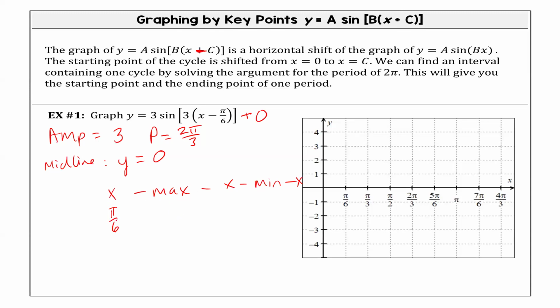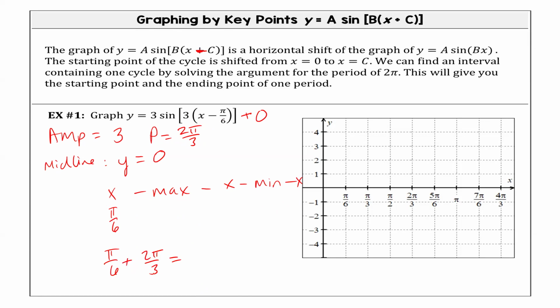So pi over 6 to 2 pi over 3 is where my last point has to stop. Does that make sense? So to figure out where I end, I'm going to have to do pi over 6 plus 2 pi over 3. How do I math that? My period is 2 pi over 3, so I know where I start. But to figure out where I'm ending, I have to do.